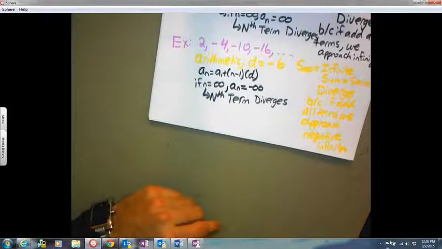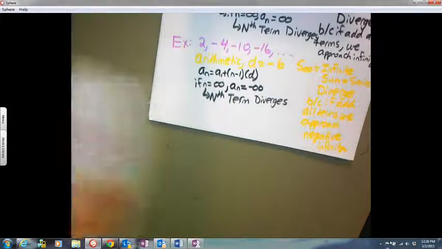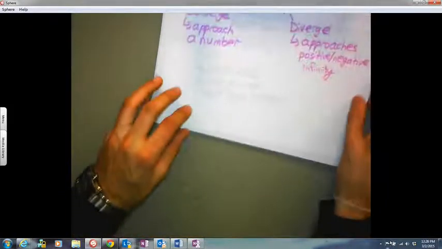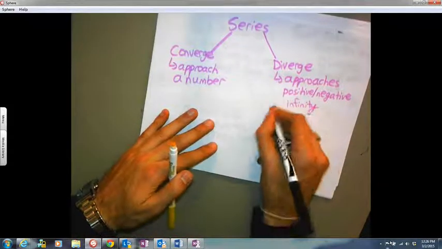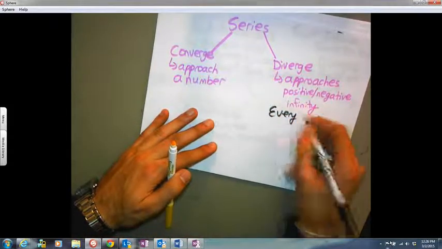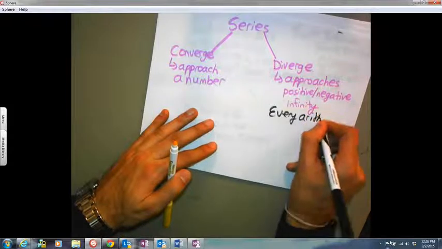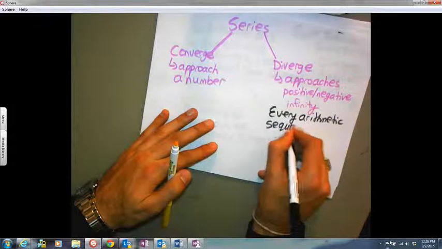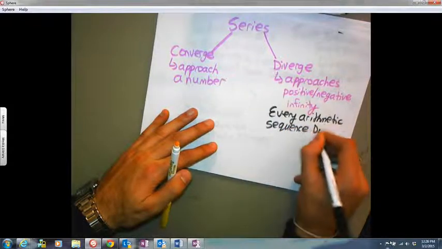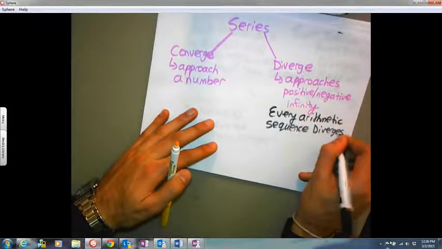So we can make kind of a rule here. Every arithmetic sequence diverges. Why is that?